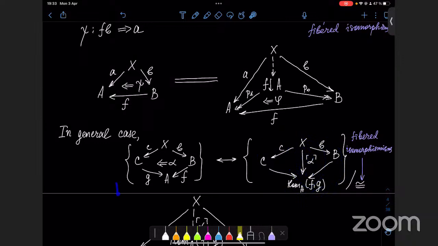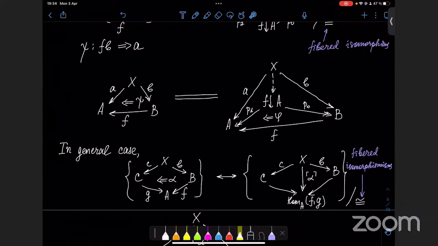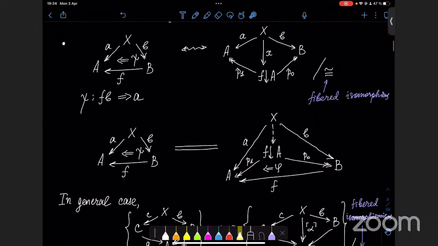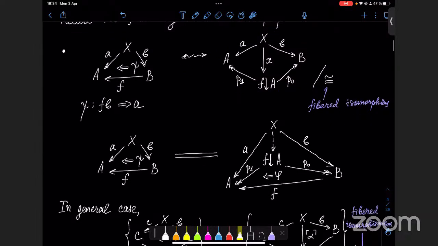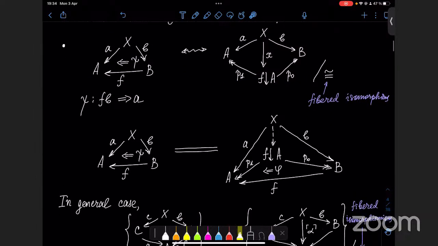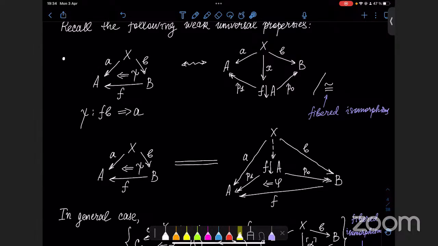So we have this bijection, and in our case we have the following bijection. This triangle corresponds to this square diagram modulo fiber isomorphisms. Recall what the map of this bijection is.